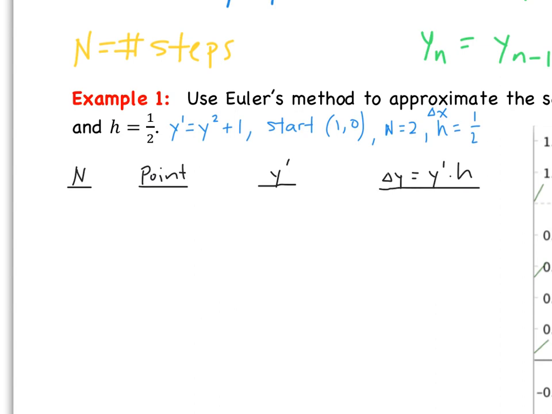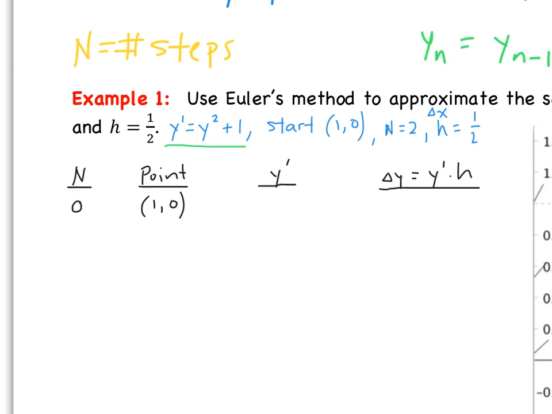So we're starting initially at step 0. Our starting point is (1, 0). To get to y prime, we're simply going to plug in to this expression here.